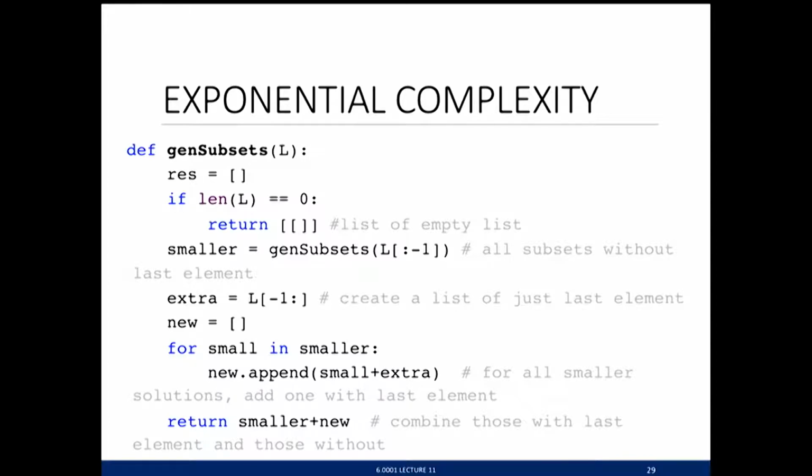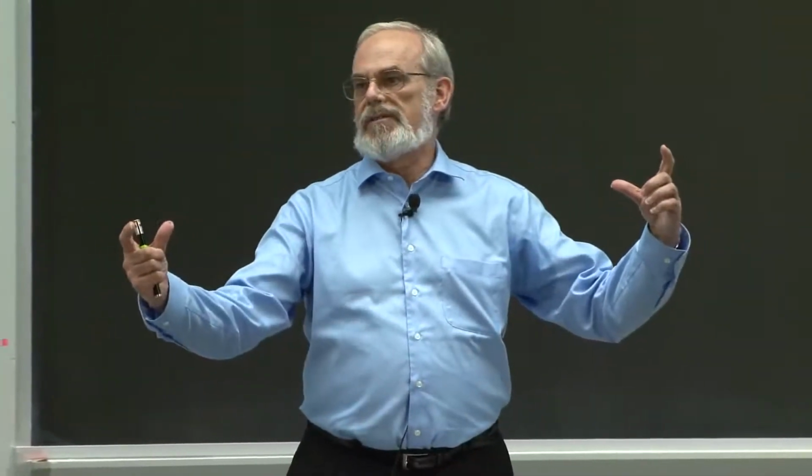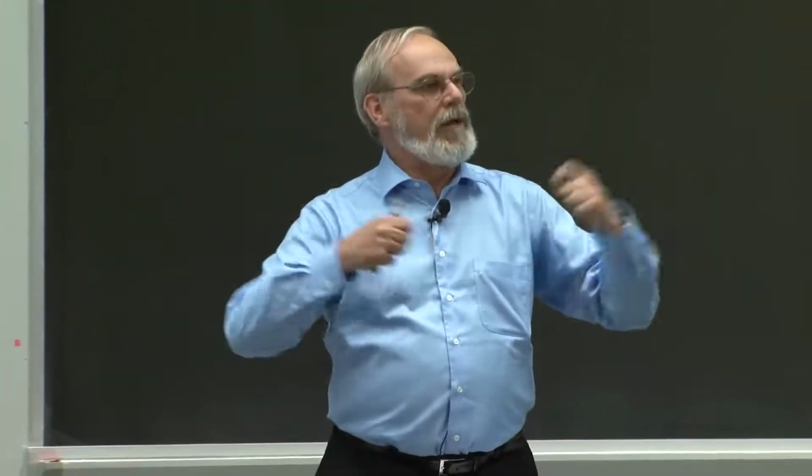Oh, nice. I'll set up new as a variable here, and I'll loop over all of the elements from the smaller problem, where I basically add that list to that list, and I put it into new. That's simply taking all of the solutions of subsets of up to n minus 1 and creating a new set of subsets where n is included in every one of them.